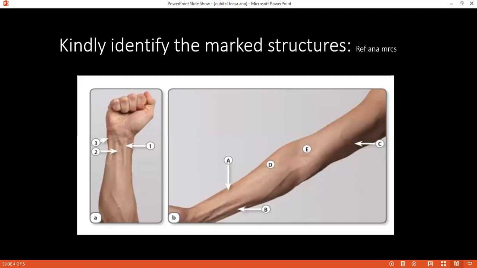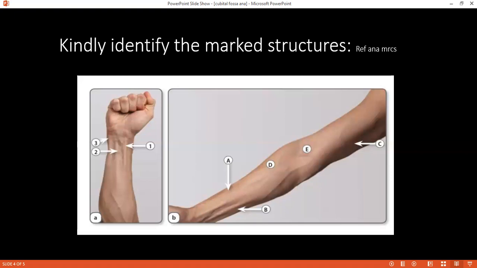Again, from picture A, one is flexor carpi radialis tendon, two is flexor digitorum superficialis, and three is flexor carpi ulnaris tendon. Then in picture B, A is lateral cutaneous nerve of the forearm. You can see it's lateral because here is the thumb. B is medial cutaneous nerve of the forearm.